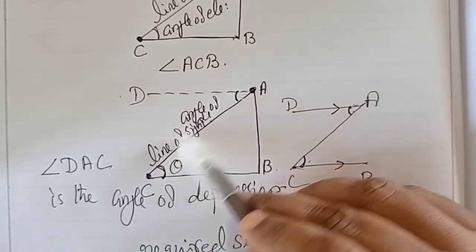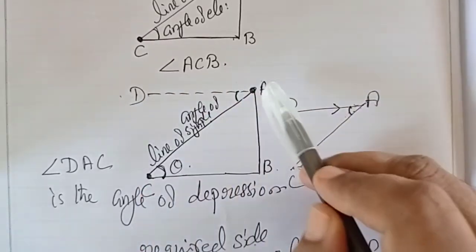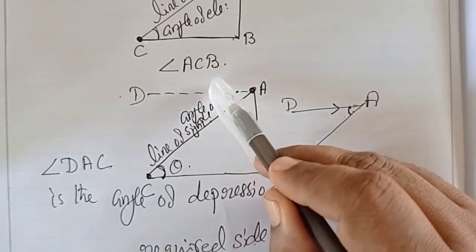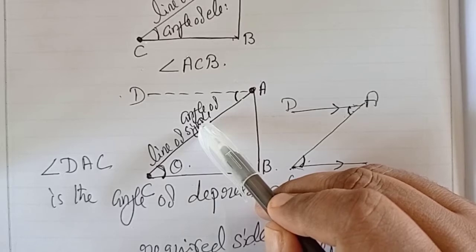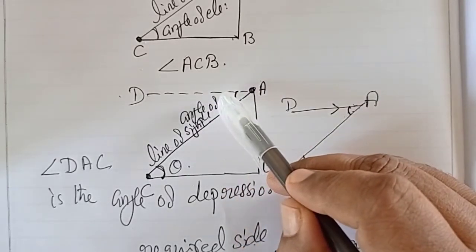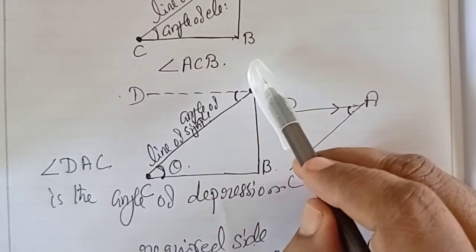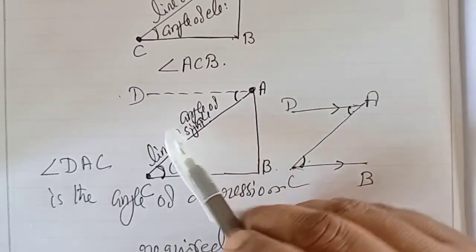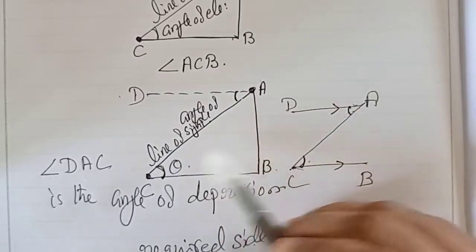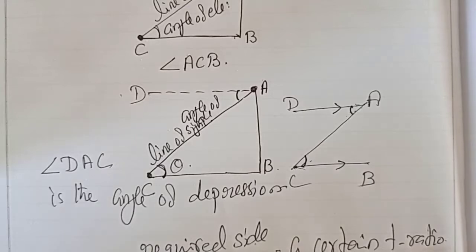Then here also this AC is the line of sight, but this AD is the horizontal. Then the horizontal and the line of sight make an angle. That angle is known as angle of depression, and automatically this DAC is equal to ACB. They are alternate angles.